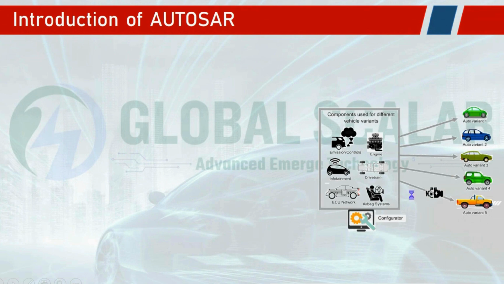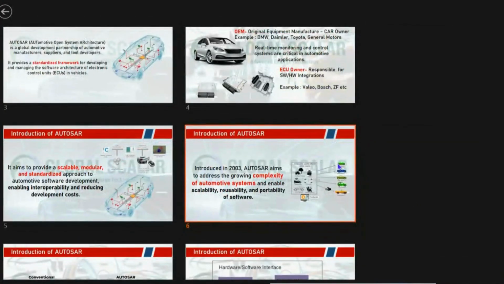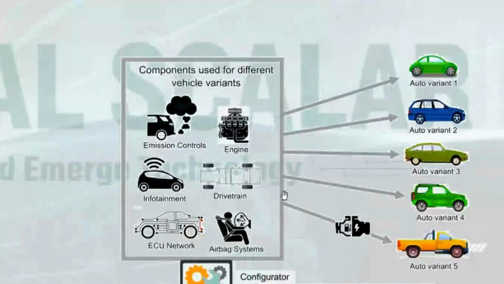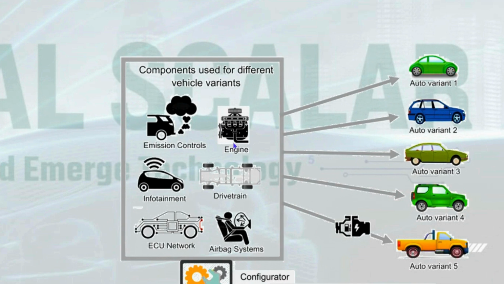If you see the example here, the components of the vehicle are essentially the engine and powertrain, airbags, the ECU network, and infotainment, which are the different components. For all of them together, the software is developed.